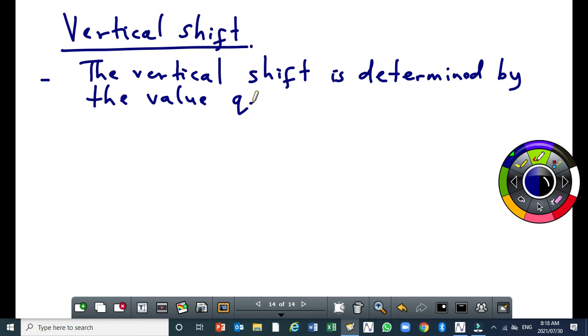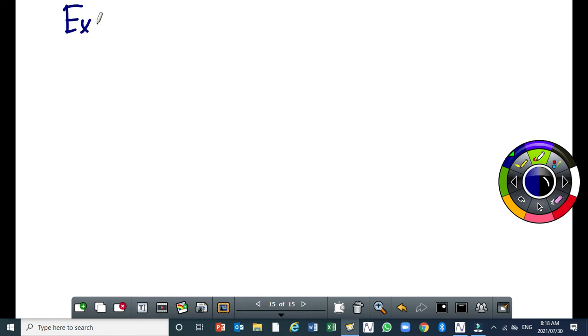Okay? So let me just do some examples. Let me move on to the next page. I need more space. Okay, let's go to an example. You should be able to write this sentence quickly. Okay, this time, since I gave you an example with the graph of sine for vertical shift, let me do one for cos.